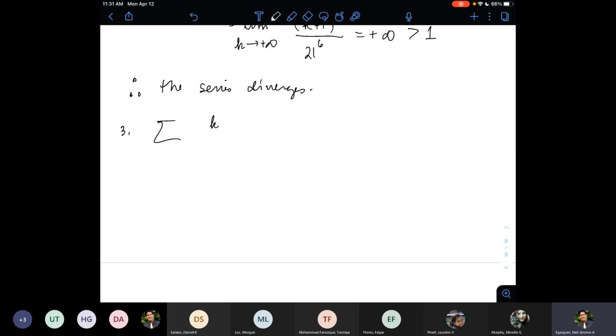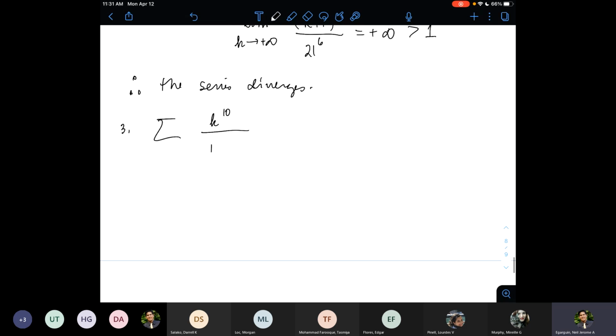Let's try the sum of k to the 10th over pi to the 4k. Let's not worry about the index of the summation. Here we see that the denominator has a power k, so maybe I can try the root test for a change.